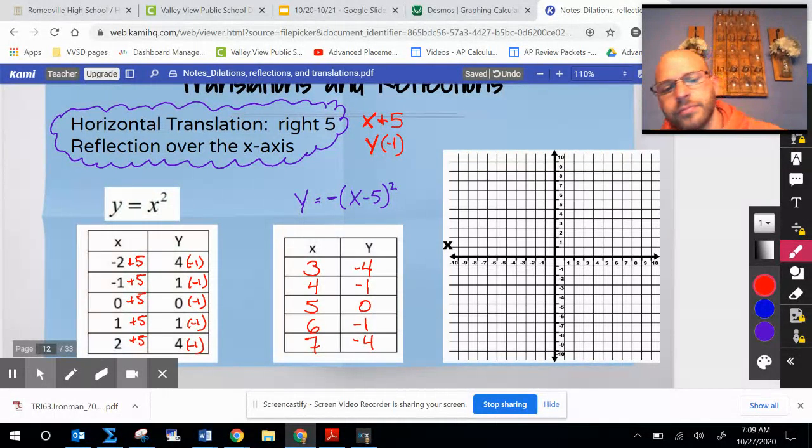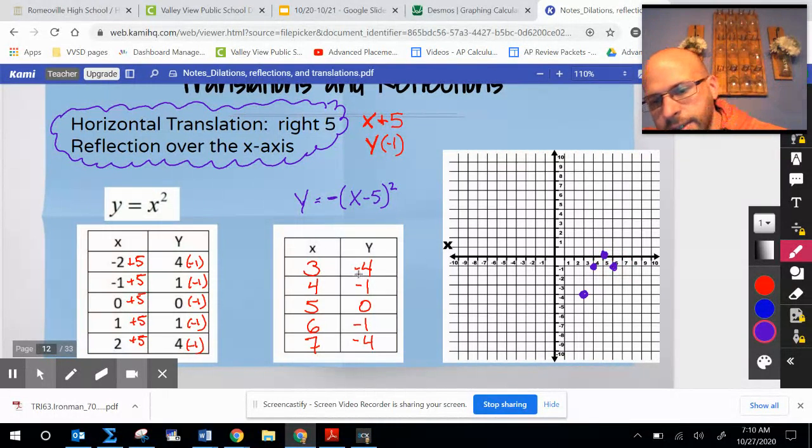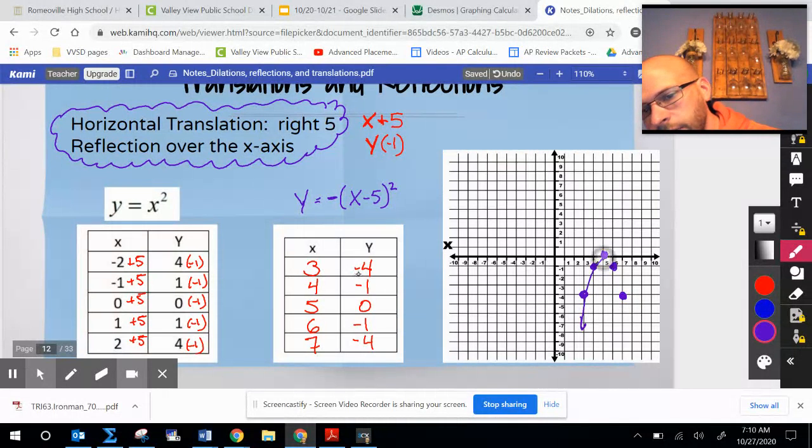So now, if I graph this at 3, negative 4, at 4, negative 1, 5, 0, 6, negative 1, and 7, negative 4, we get a graph that's upside down because of the reflection, which is good, and it's shifted to the right 5 units, right?